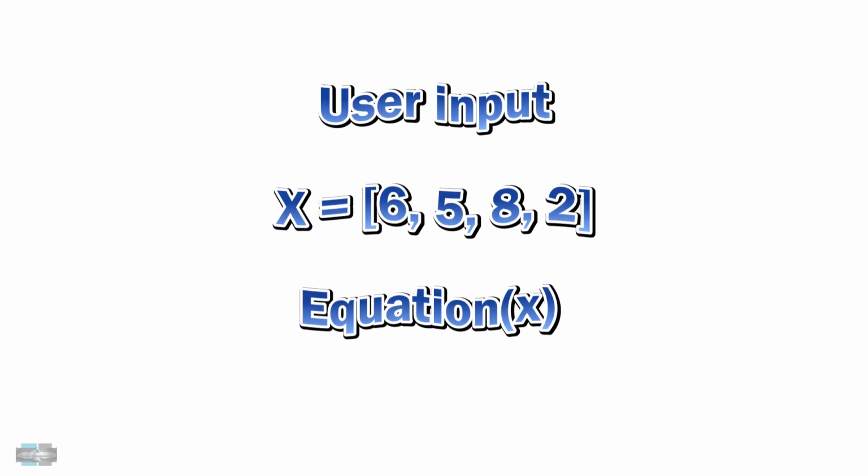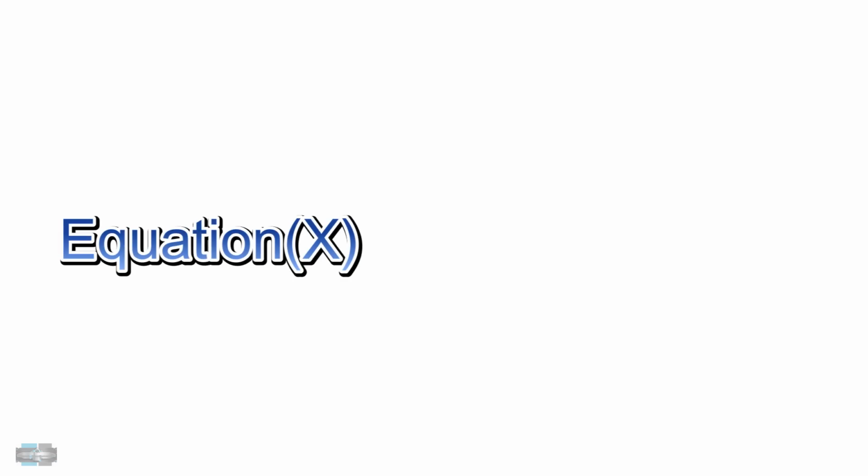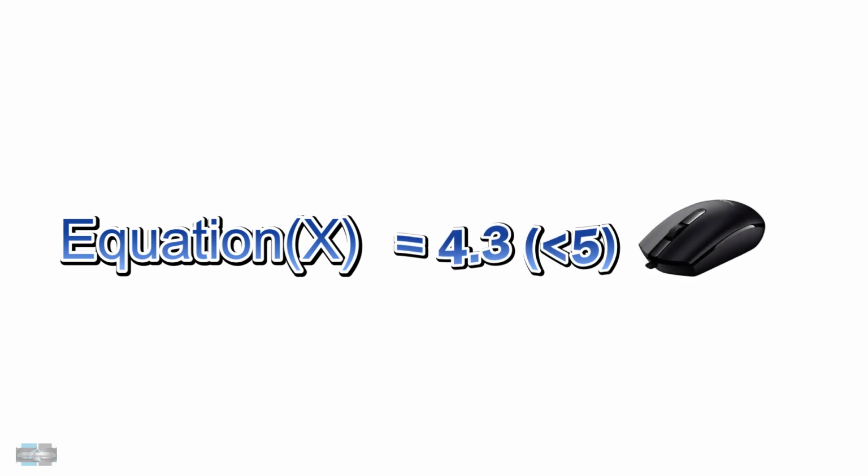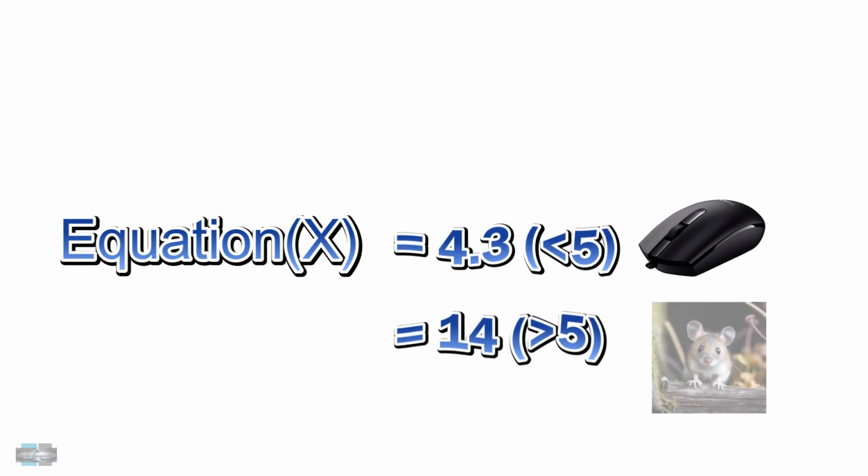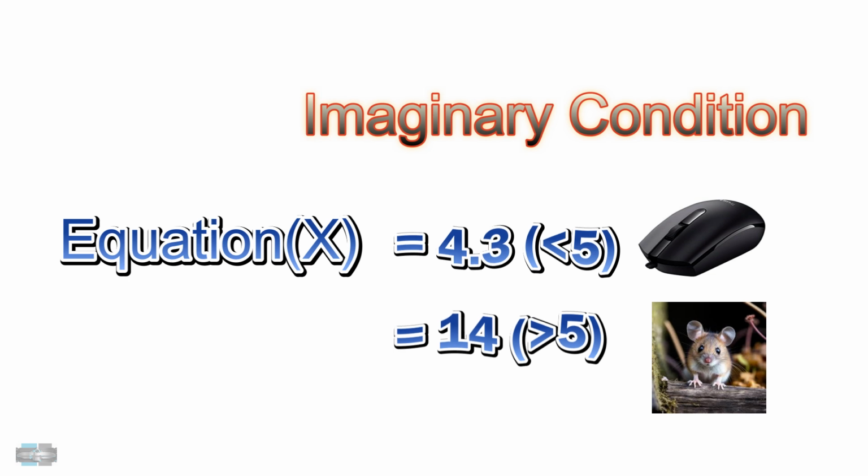Let's say if the result of the equation falls between the range 0 to 5, the model may consider mouse as an input device, and if the value is greater than 5, then it considers mouse as a rodent. Again, it's just an imaginary condition. In reality, it may not be this simple, but the idea is pretty much the same.